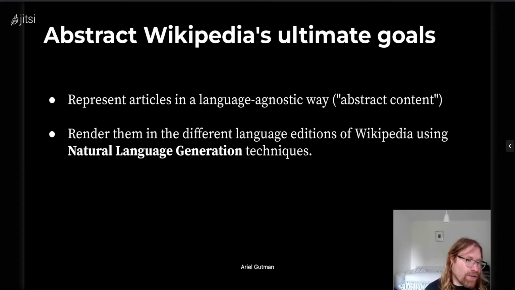And then to use natural language generation techniques to render this content in different language editions of Wikipedia, most notably those which don't have that topic present. And the idea is that in that way we can expand the reach of articles to all available languages of Wikipedia, reaching out to more people in the world.